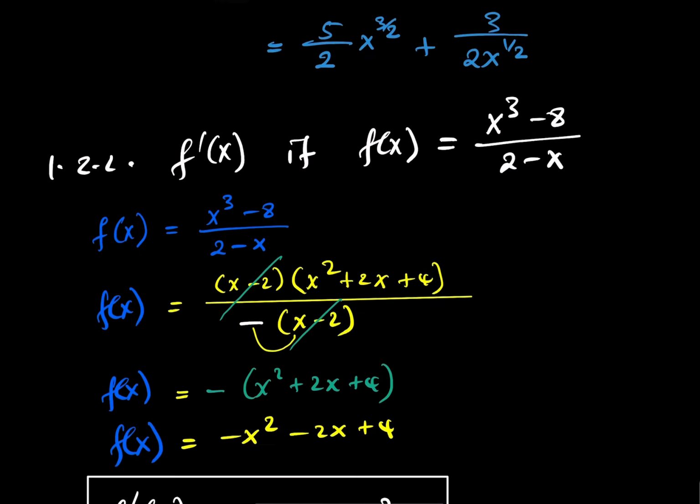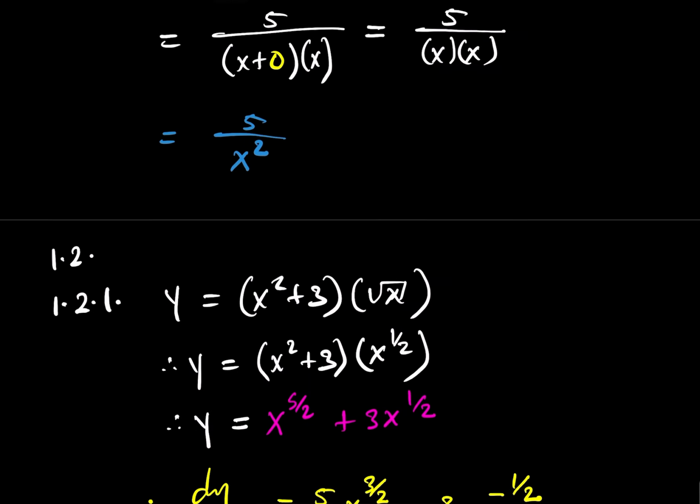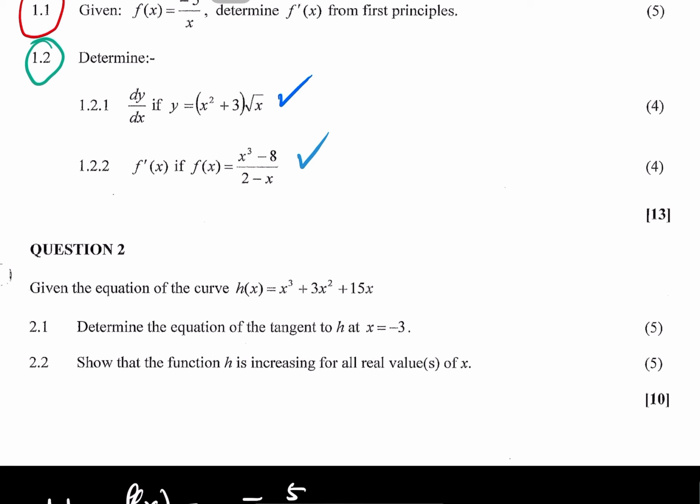Question 2, let me just write question 2. So they are giving you f at x is equal to x cubed plus 3x squared plus 15x.